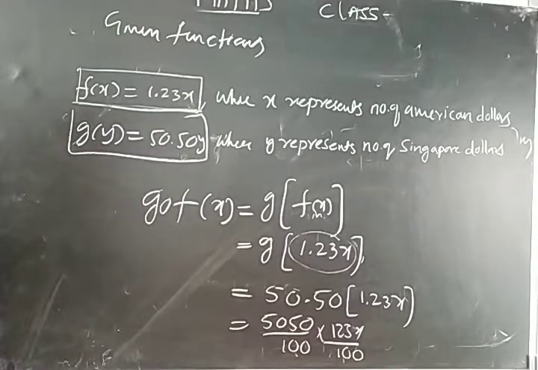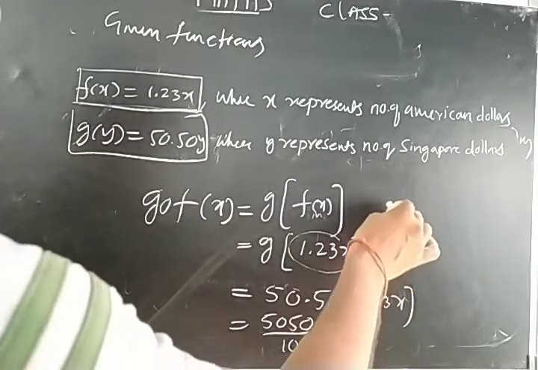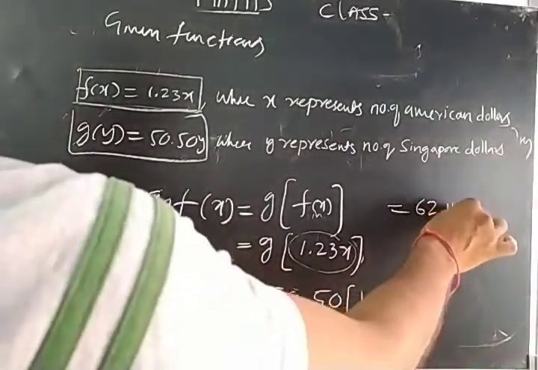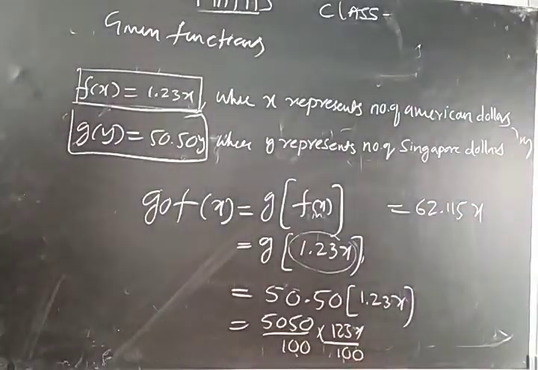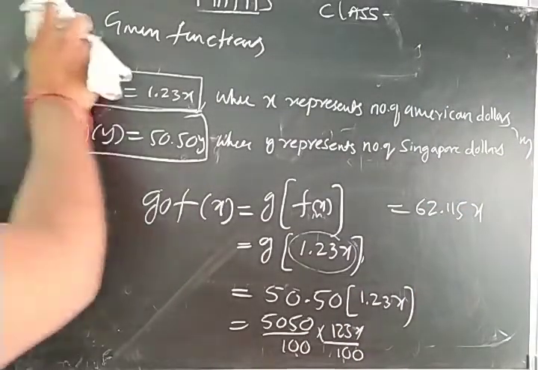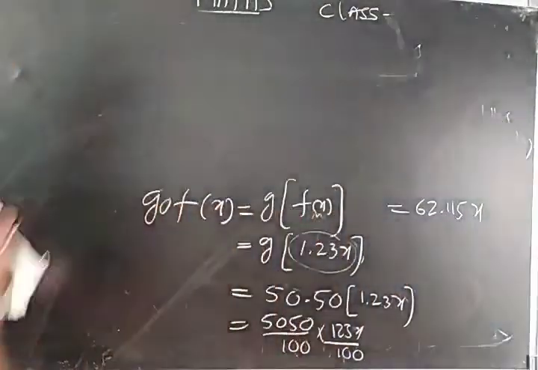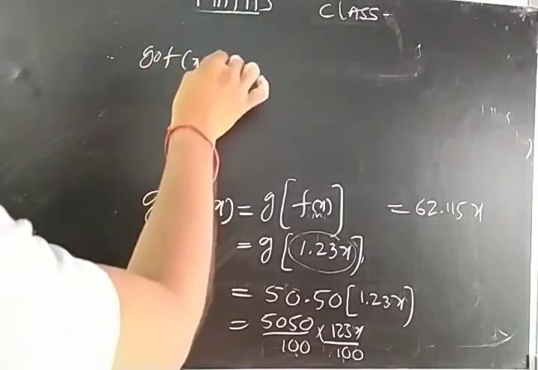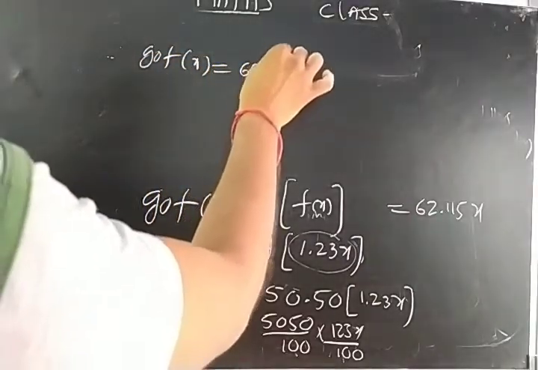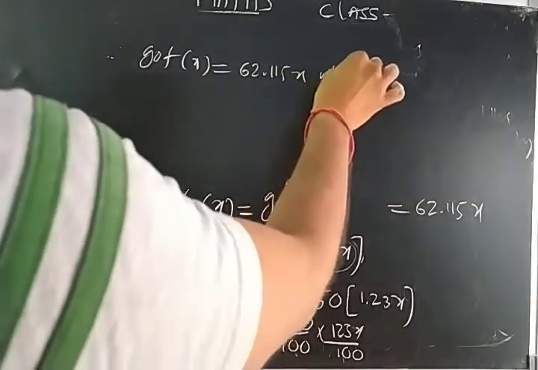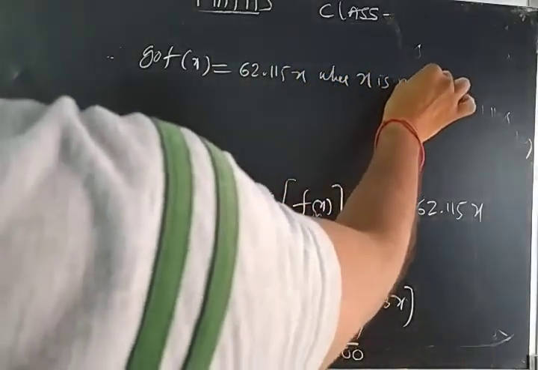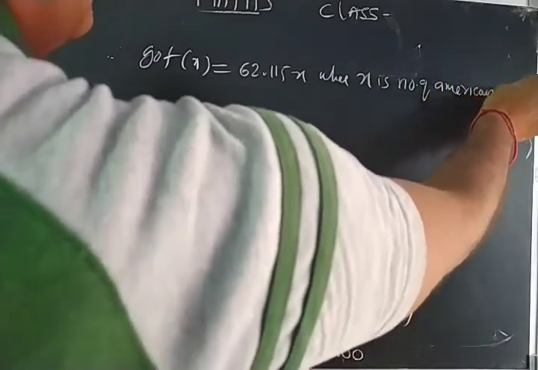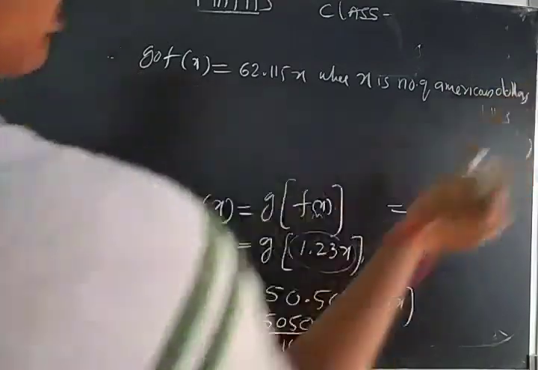So after simplification, what you can get? You can get 62.115x. So therefore what we got? g circle f of x is 62.115x, where x is the number of American dollars.